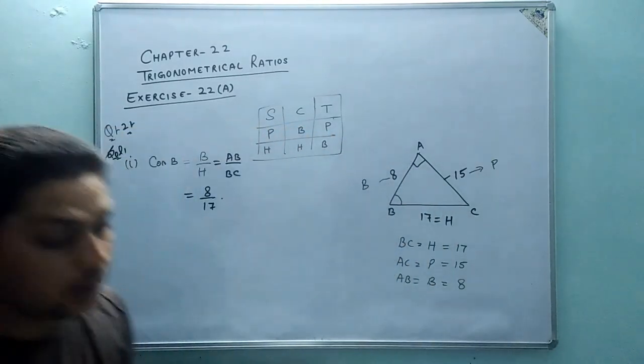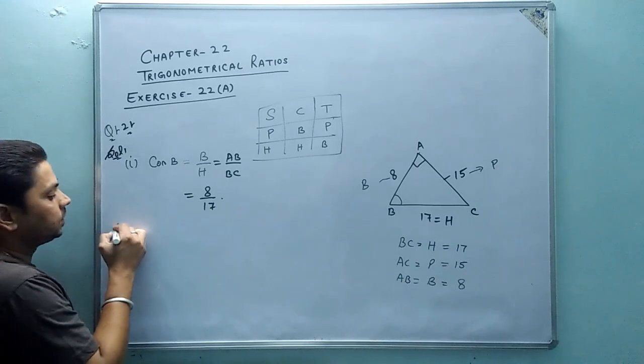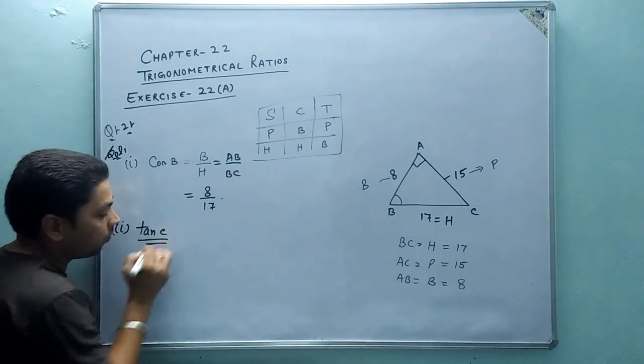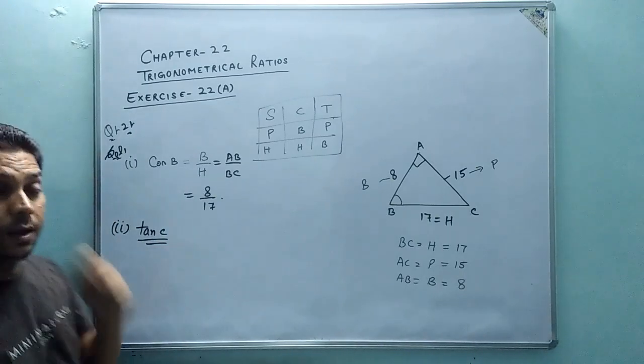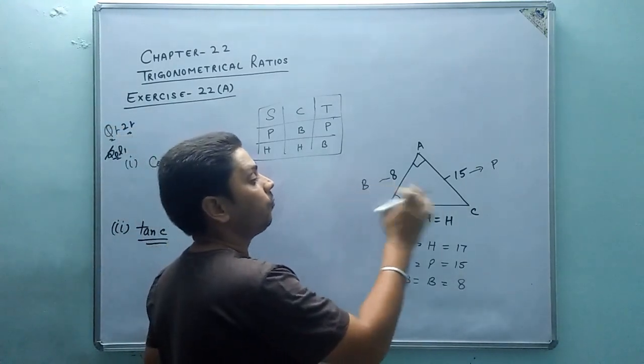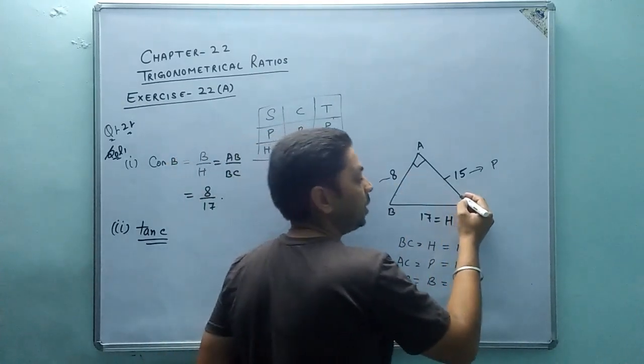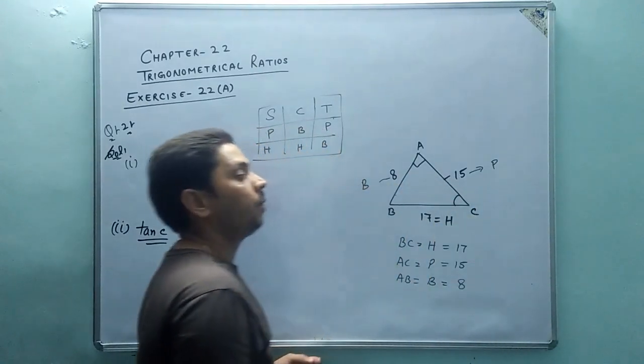Second, we have to find the value of tan of C. Now in this case our base angle will change. This is the base angle.